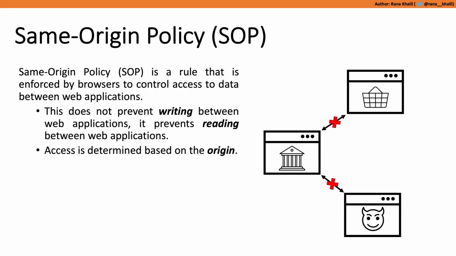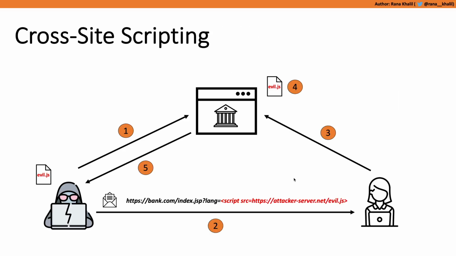The request has to be originating from the application itself, which is why for this attack to work, you absolutely need to be able to inject your malicious code in the application itself, just like we did over here. The malicious script is truly running on the legitimate application bank.com, and that's why it's able to access the content of the browser for this application and compromise the user's account.